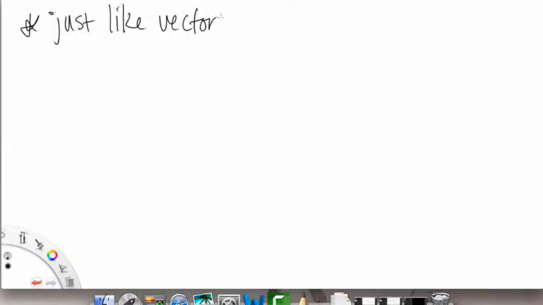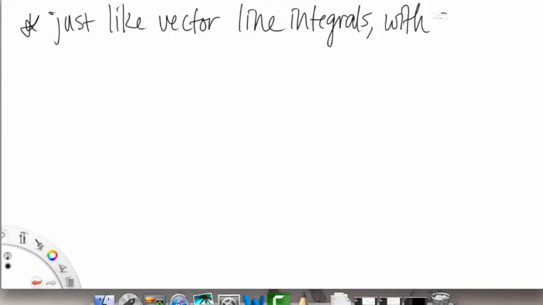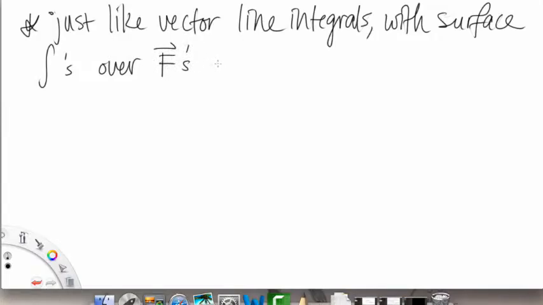So I'm going to say that just like vector line integrals, with surface integrals over vector fields, direction, or in this case the technical term is orientation, matters.